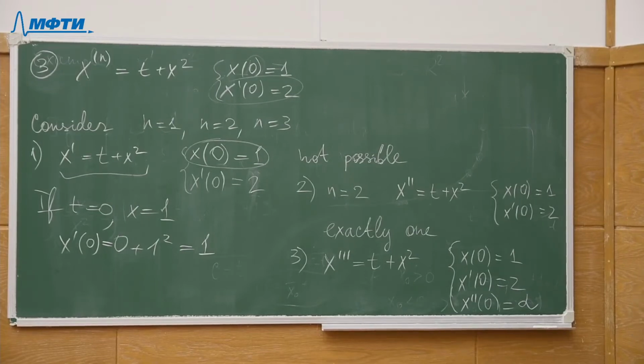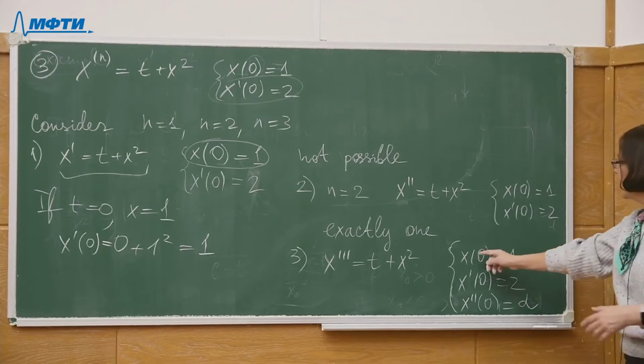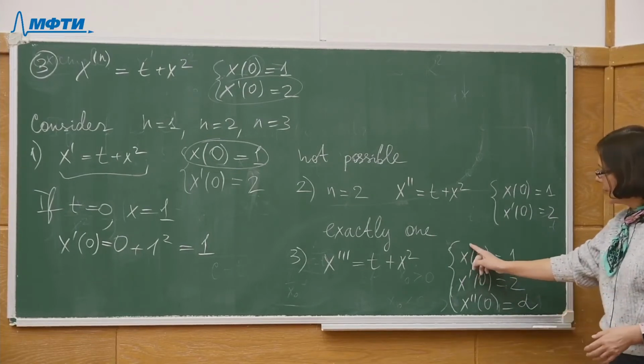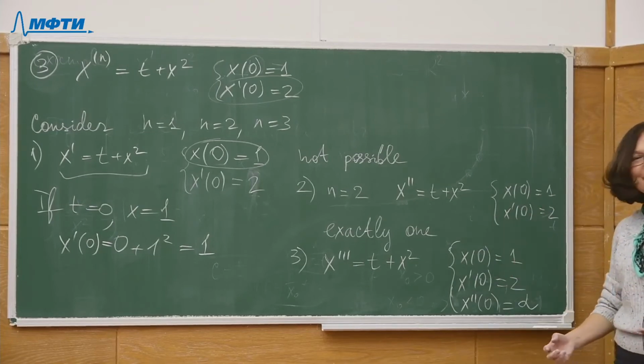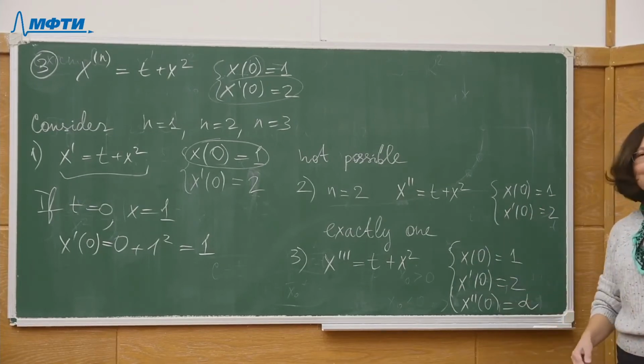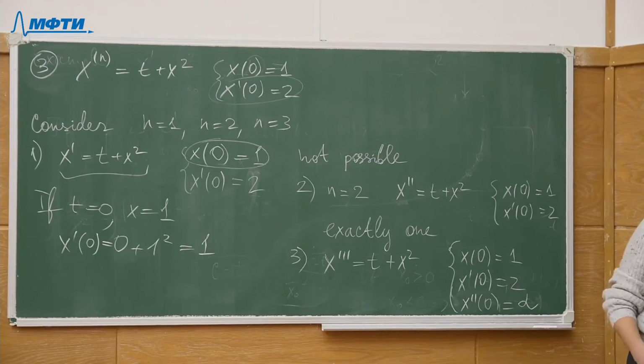For the fourth order equation, we need 4 initial values from the function: the derivative of order 0 is the function itself, up to the derivative of order n minus 1. And in that case, it won't be infinite. The number of solutions will be 1.